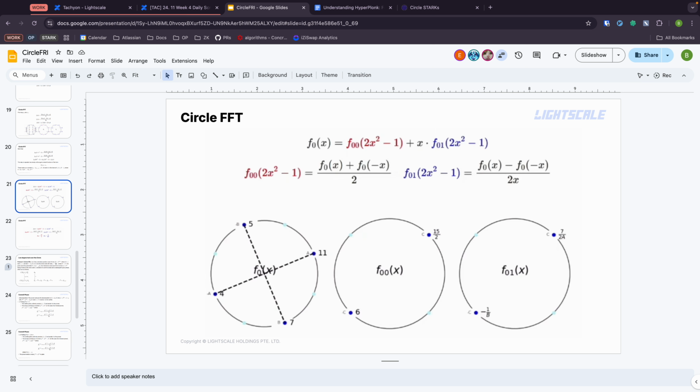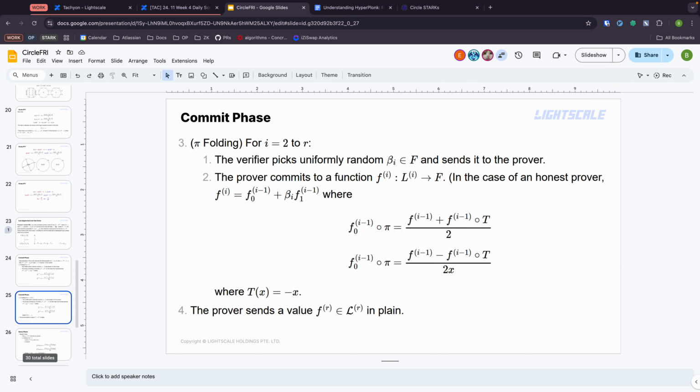It's just another way of writing this one, so this can be written as ftx. Oh, but the T is the 2x squared minus 1? No. So this is just a more functional way of writing it. I see.